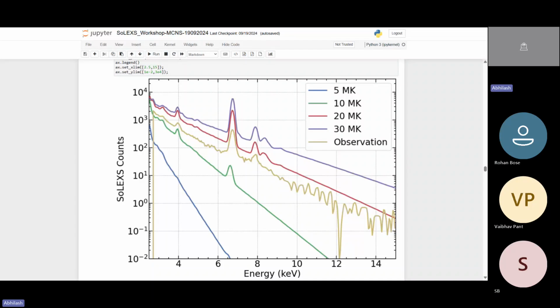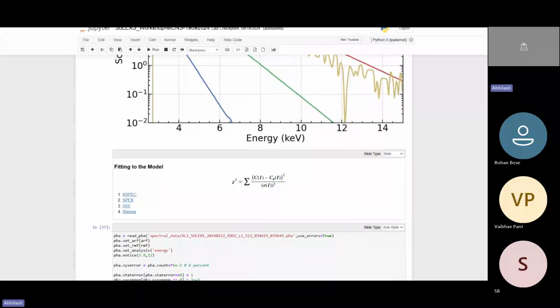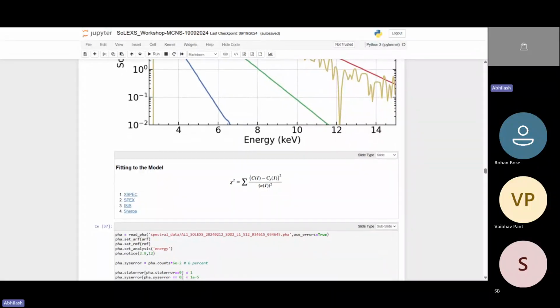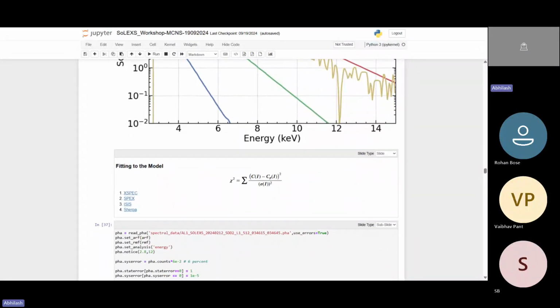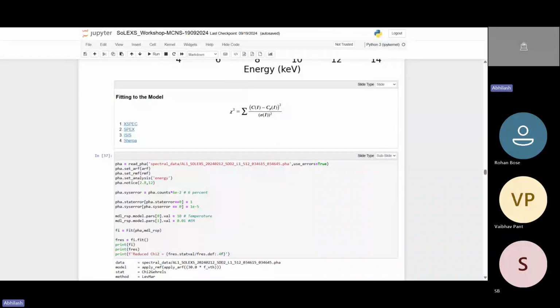But how do you exactly estimate the temperature of this spectrum? To do that, we use something called forward fitting. For forward fitting, there are several spectral fitting software packages available. One is called XSpec, or ISIS, or Sherpa.